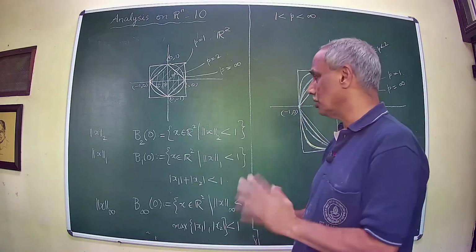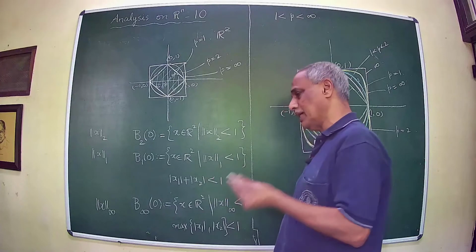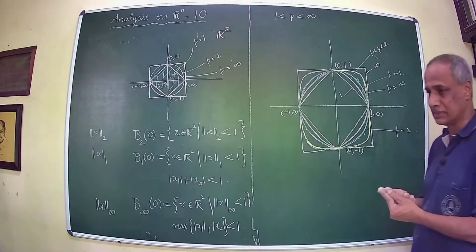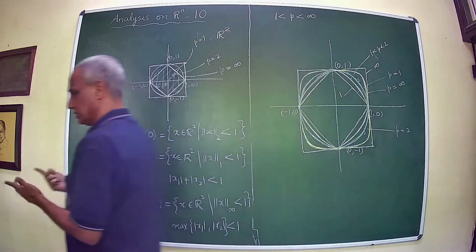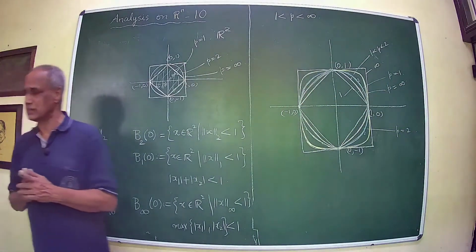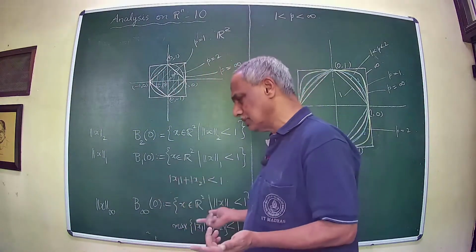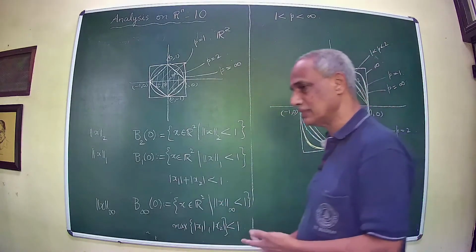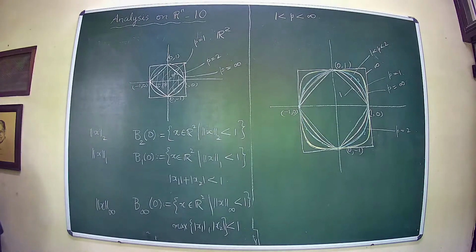Okay, so you see that the dual nature of p and q is very significant, which merges in the case of p equal to 2, that is the Euclidean norm case. But the Euclidean norm case is somewhat difficult for computation sometimes, whereas this is not. Okay, so that's the advantage that you have in this place, so that you can work.